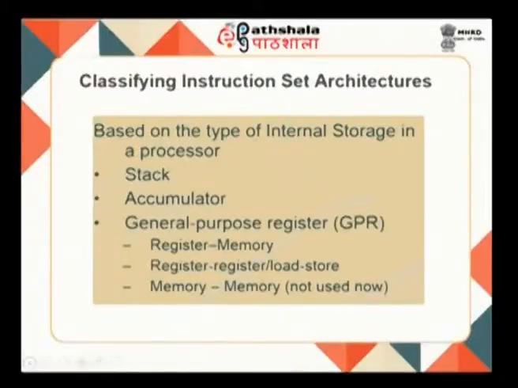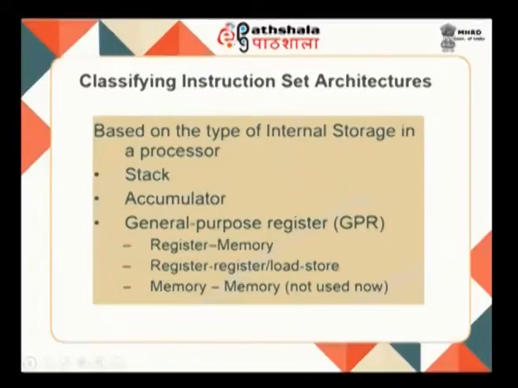The third class of ISA is your GPR based ISAs, where you have three different classifications: a register memory ISA, a register register ISA, and a memory memory ISA, out of which the memory memory ISA is not used now. Both the register memory ISA and register register ISA are very popular, out of which the register register ISA, or the load store ISA, is very popular.